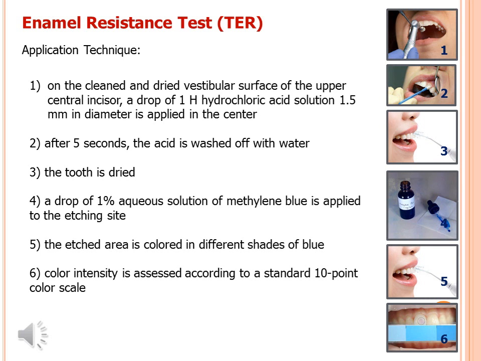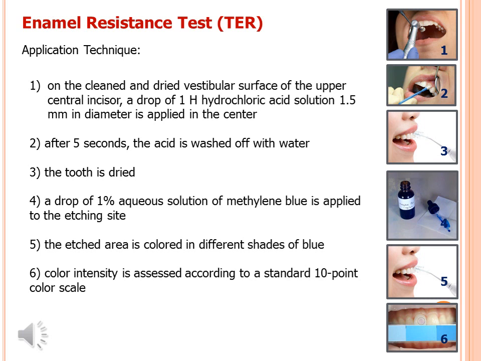Second, after 5 seconds, the acid is washed off with water. Then the tooth is dried, and a drop of 1% aqueous solution of methylene blue is applied to the etched site.